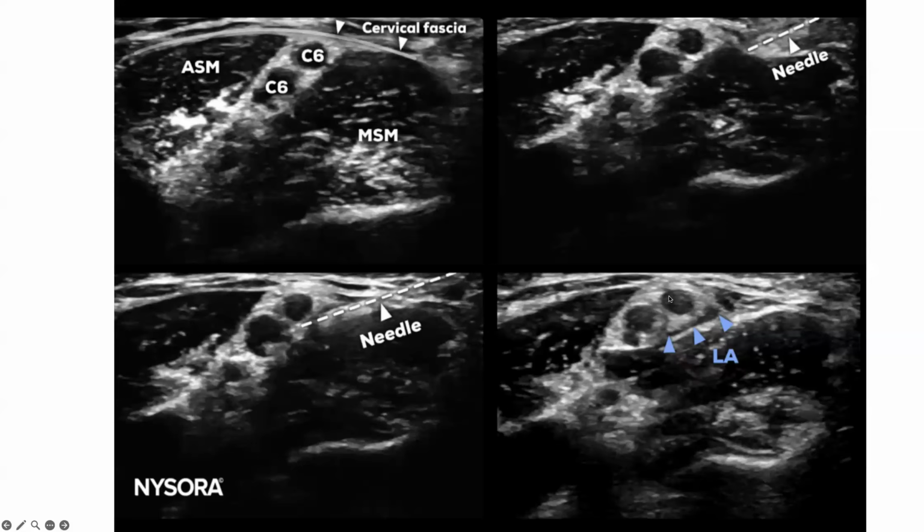Another important thing, I've often noted that some people will then introduce local on both sides. There is no need to do that because you just increase the chances of injury to the roots.